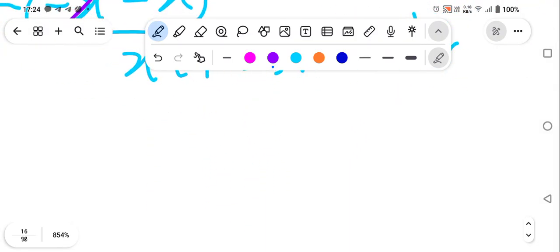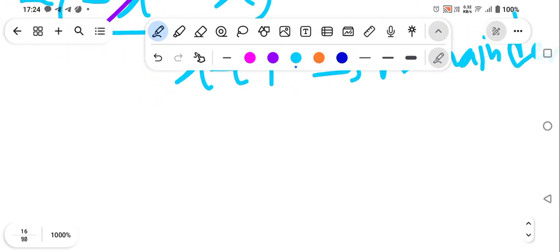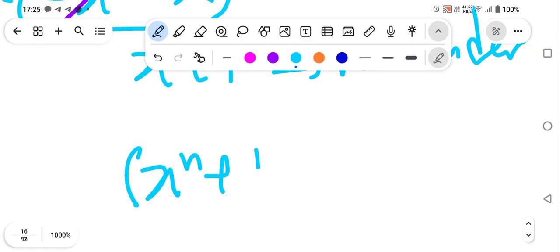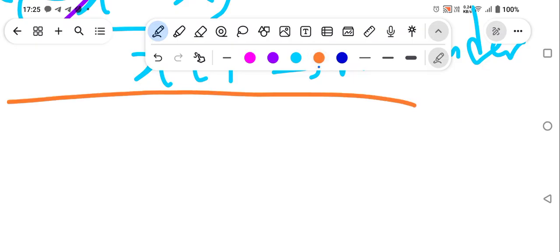So here's a special one. We're gonna experiment a bit about x power n plus 1. So everything after here is just pure exploration.